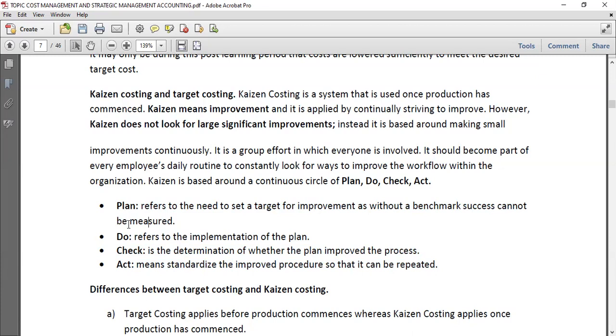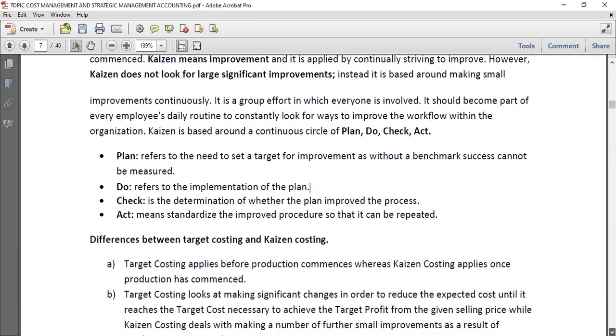Do is the implementation of your plan. Check is the comparison between your plan and what you achieved, determining whether you've actually achieved the plan. Act means standardizing: if the check has confirmed that whatever you planned has improved, continue with that and standardize the improved procedure going forward. So that is very important.